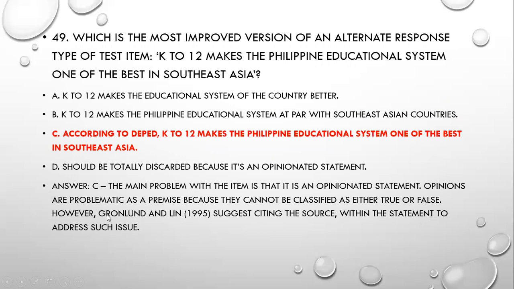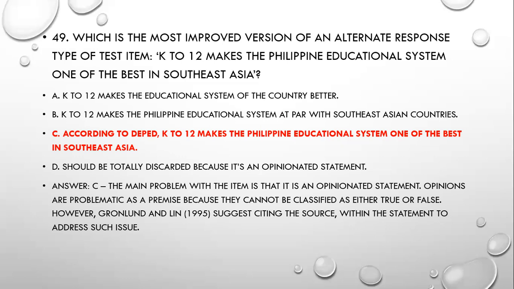To remedy this problem, Gronlund and Linn suggest citing the source within the statement. Therefore, letter C, which states, According to DepEd, K-12 makes the Philippine educational system one of the best in Southeast Asia, makes this statement much better.